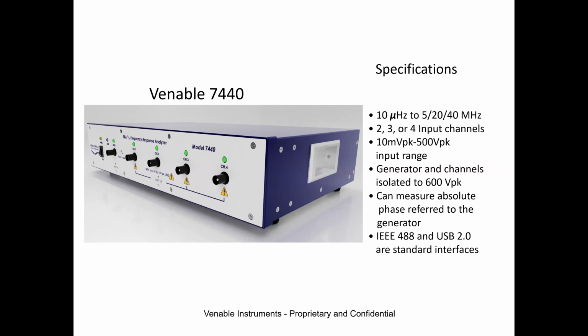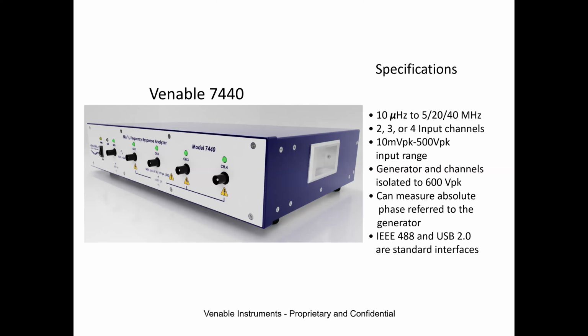A couple of our analyzers have what they call absolute phase, but basically the generator becomes a zero phase reference. That would be our 350C analyzer, which has 3 channels and a reference channel. And then we have the 8800 series analyzers. Those are used for measuring digital feedback loops.